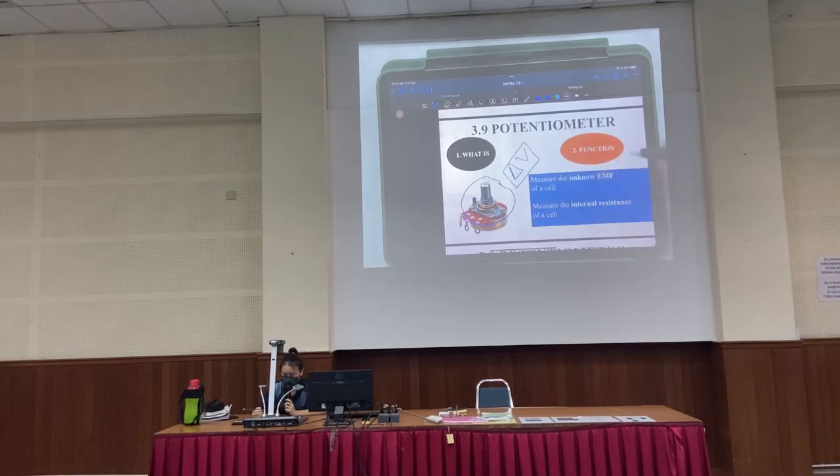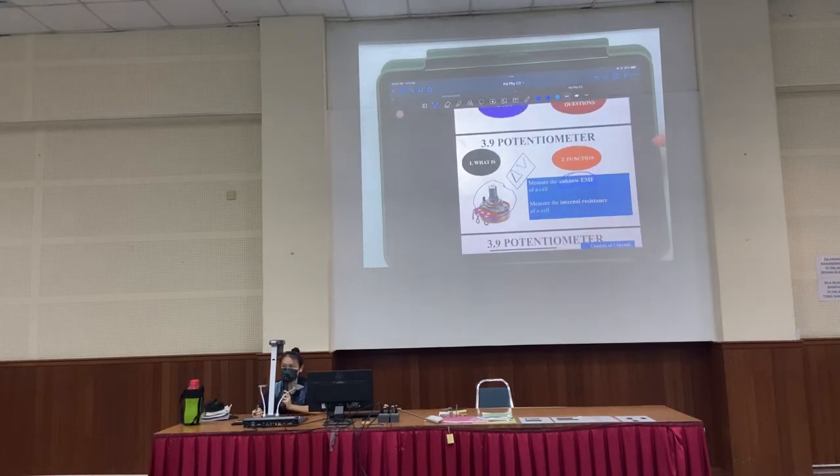But you guys can see I write to measure the unknown EMF. Okay? So what is the difference between EMF and the voltage? This is actually in the part of 3.4, electromotive force and also the difference between these two.